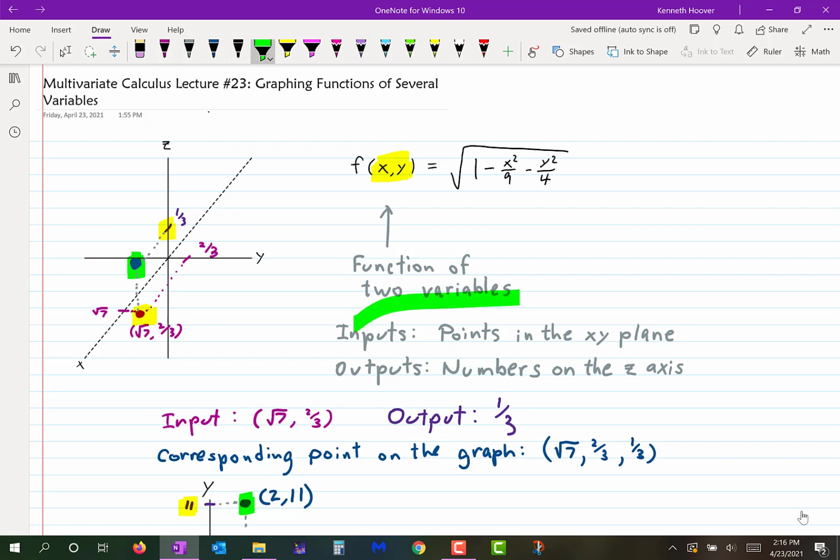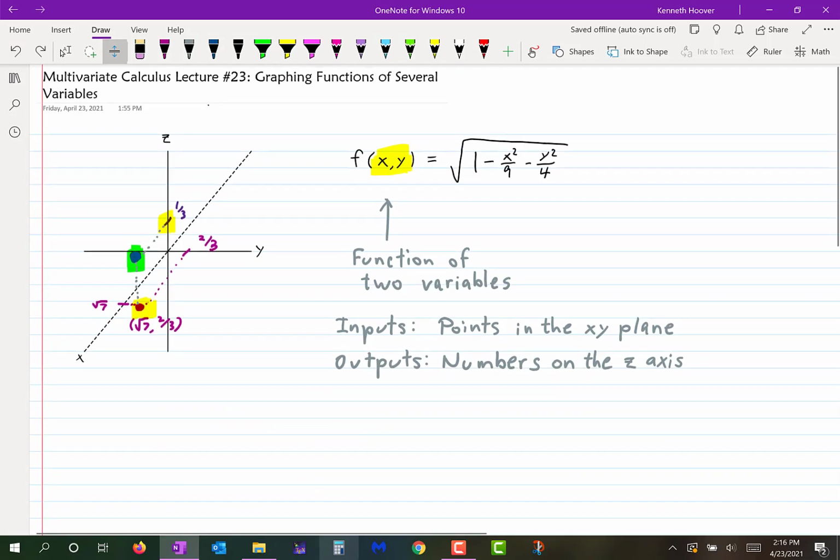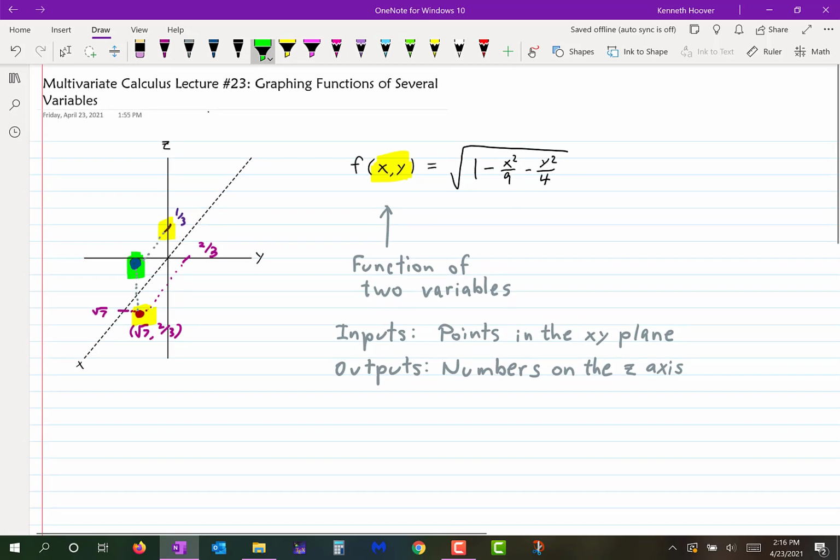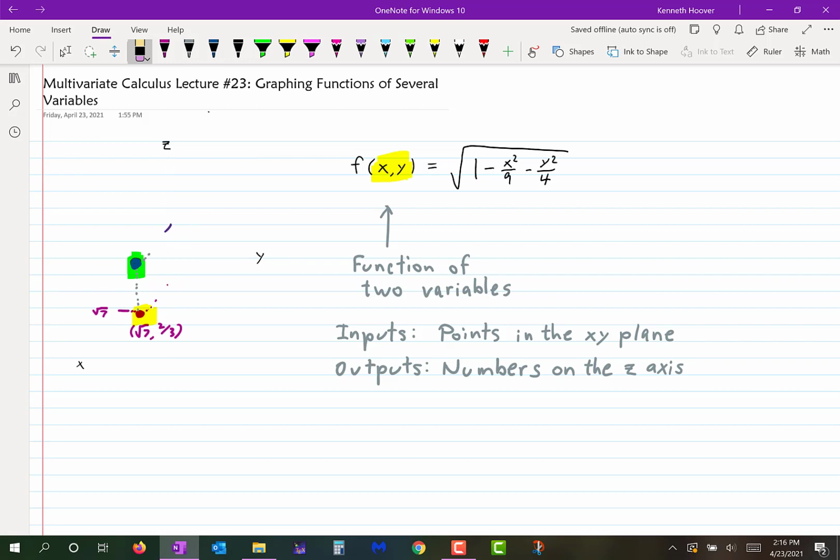So let's go back to this stuff right there, okay? If the inputs are points on the xy plane, then let me ask you a question. Where then would the domain be? I'm not asking you to find the domain, I'm just saying where would it be? Darn.